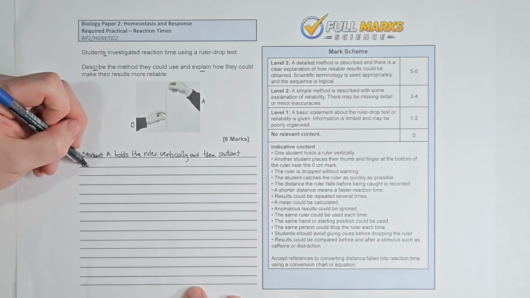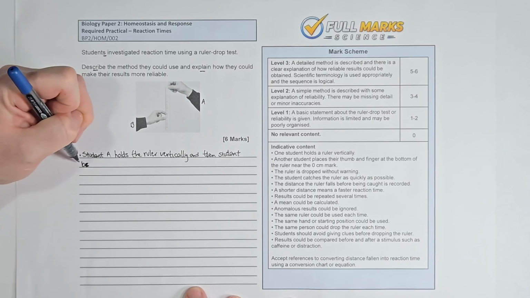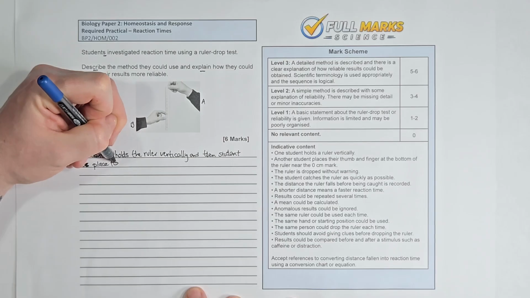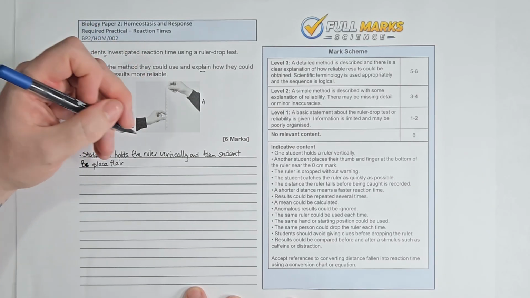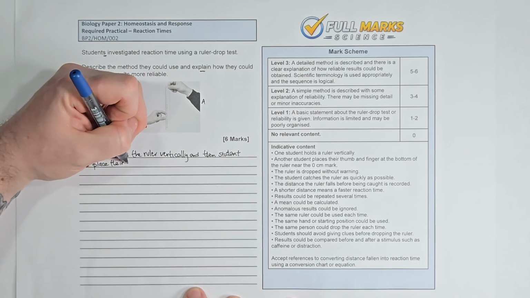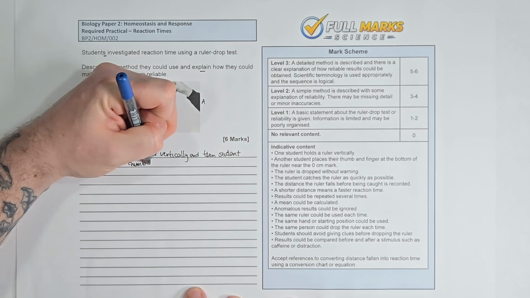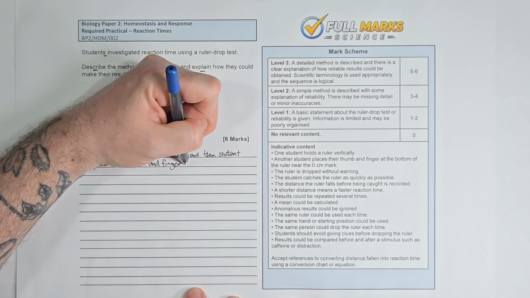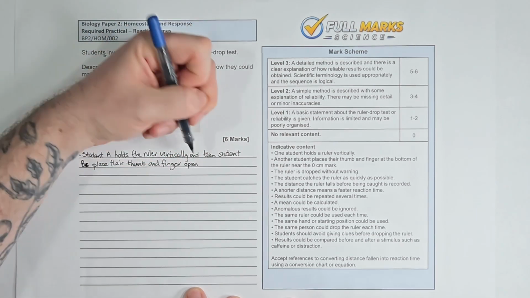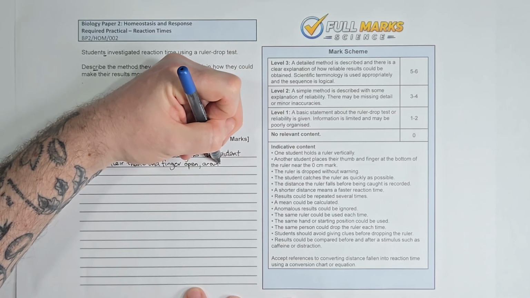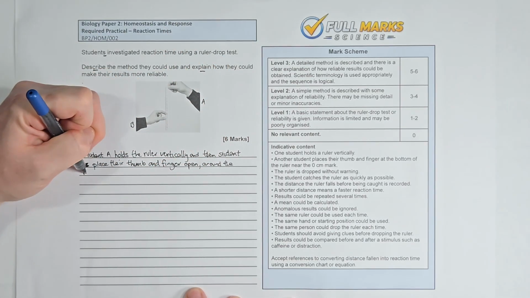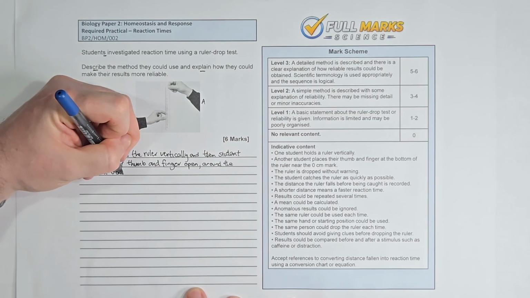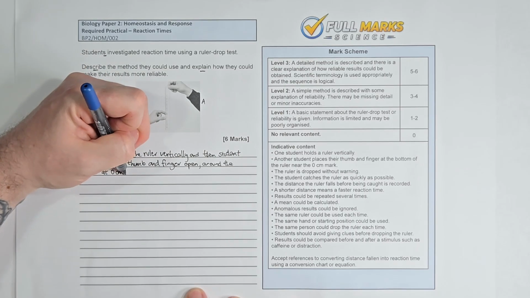Student B places the thumb and finger open around the ruler at 0 centimeters, ready to catch it.